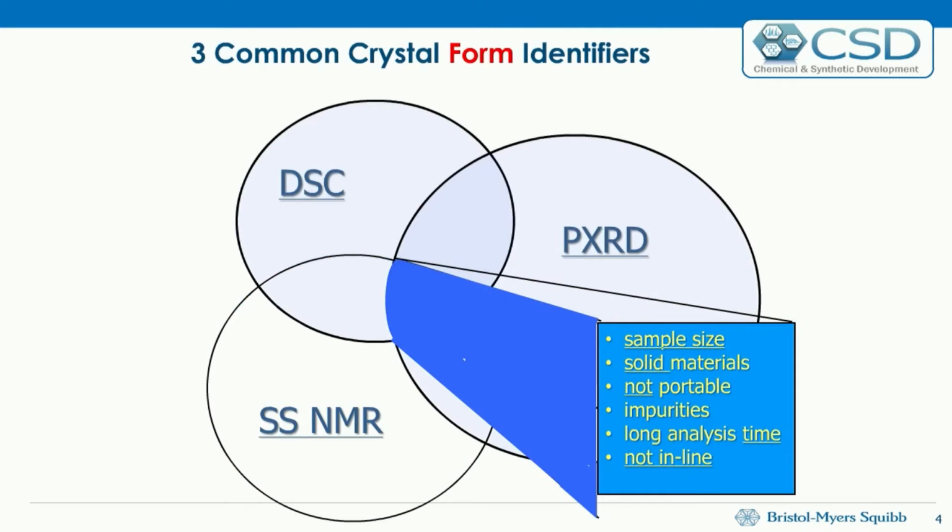So what are the common ways that we look at crystal forms? We use differential scanning calorimetry, solid-state NMR, and powder X-ray diffraction. These methods are great. They're the backbone. When we build a model, a chemometric model, or some way to monitor our control parameters, we rely on our primary methods.